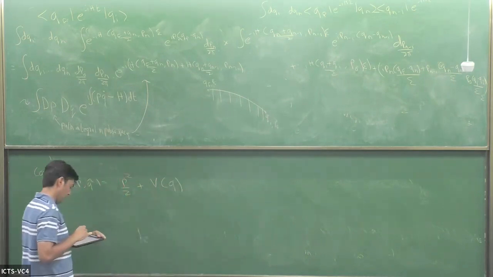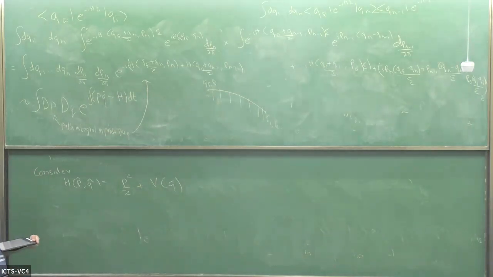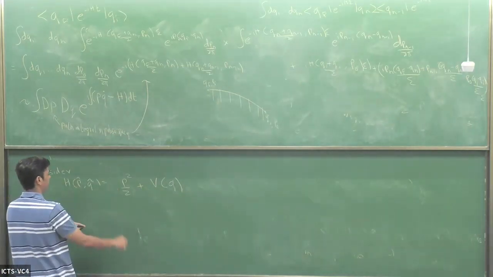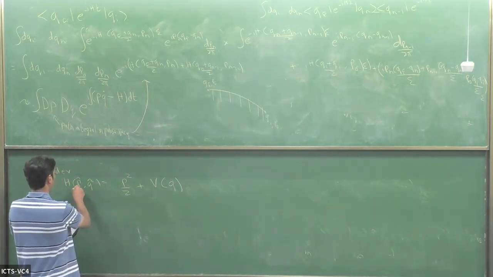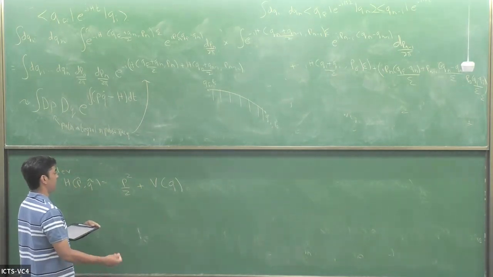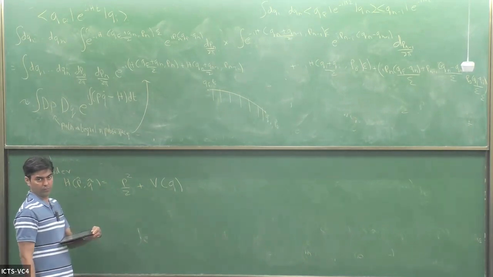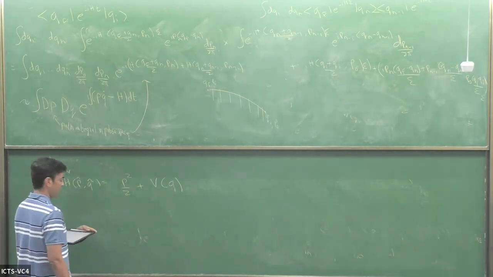It's a form where this is Gaussian. You can put some constant factor here, and it won't change anything. So I'm imagining that this H(p, q) has the form p squared over 2 plus V of q.